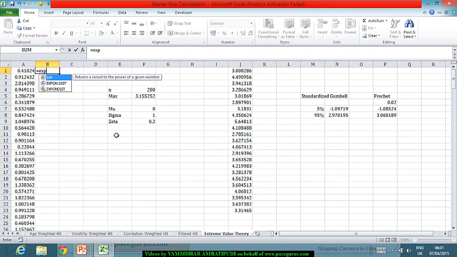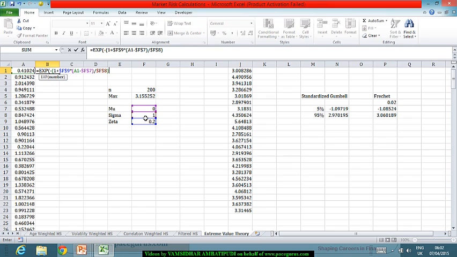So here I am bringing in e to the power of minus of 1 plus zeta times x minus mu, this is x, minus, okay, this thing I have to fit in, x minus mu by sigma, right?